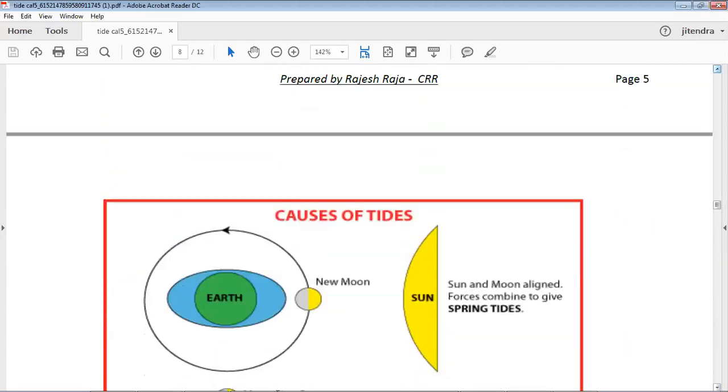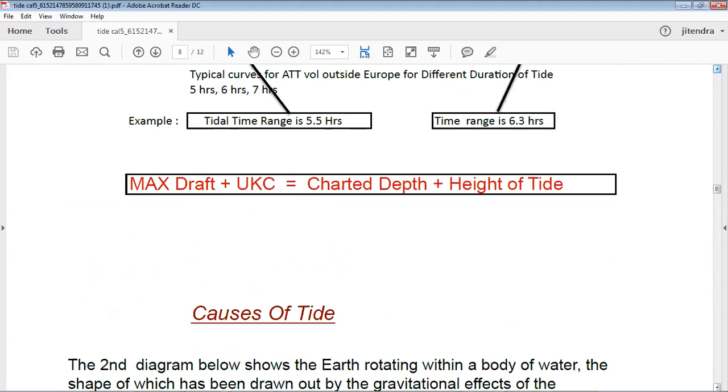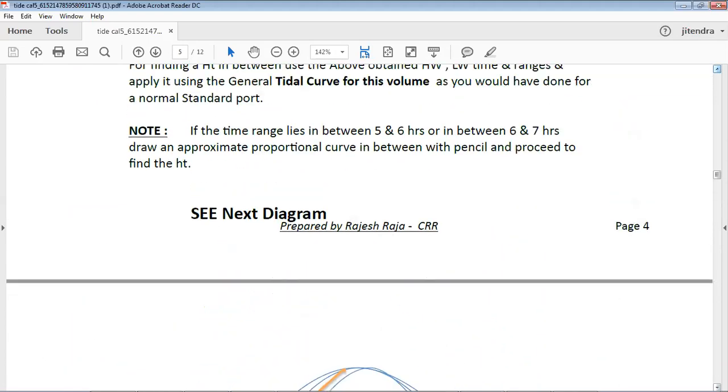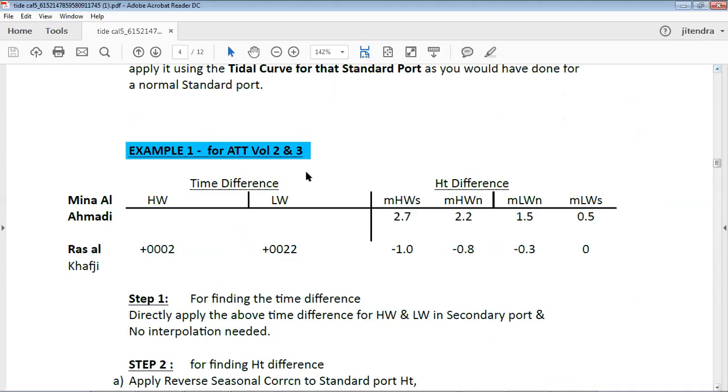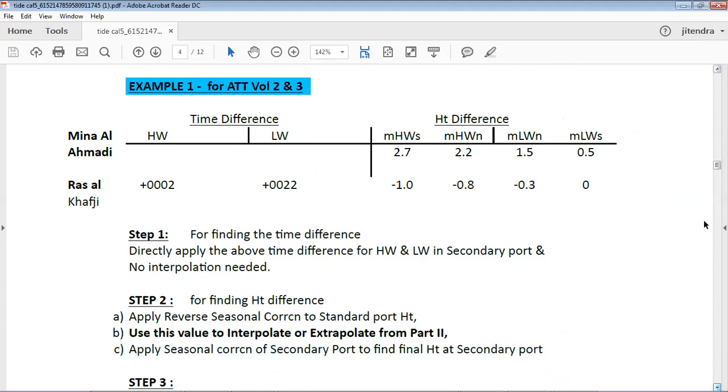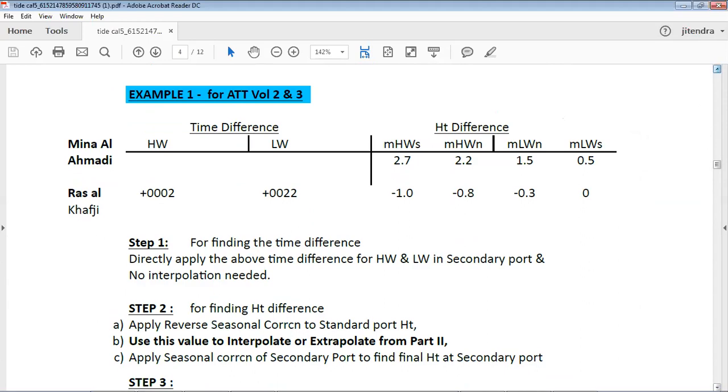Now we will do the next problem from ATT volume 2 and 3, which is for Mina Al-Ahmadi. So same thing, we will be given from standard ports.